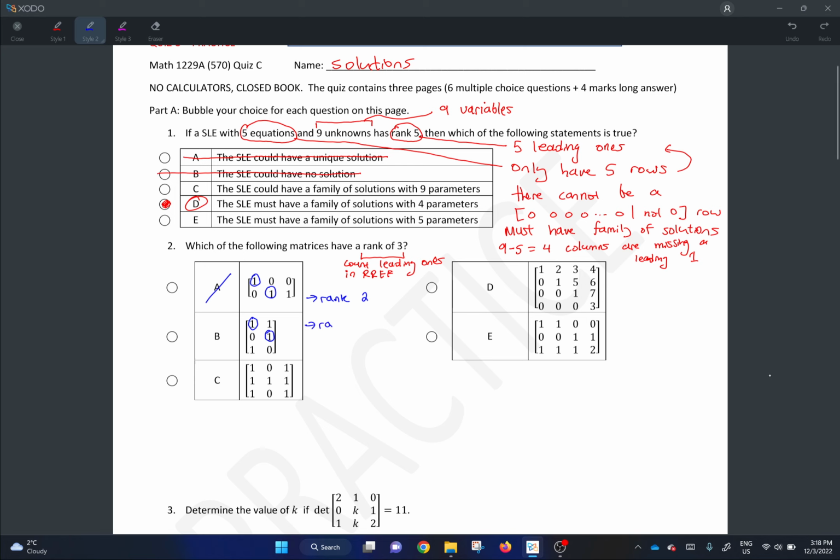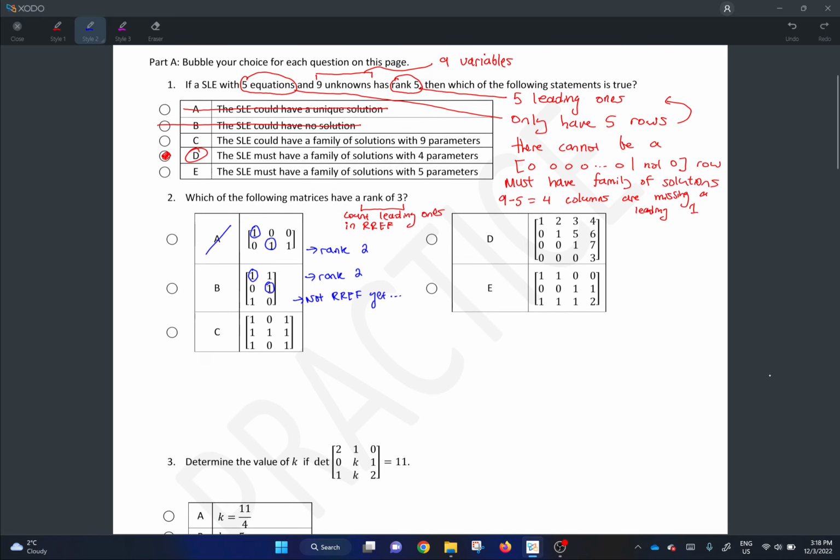So it has rank 2. It's also not an REF. But if we were to row reduce it, you'd get a row of zeros in the bottom.